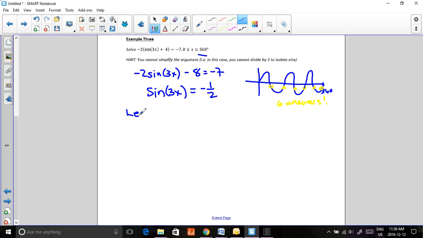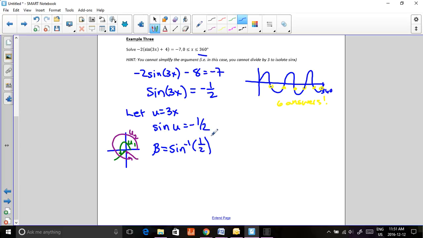Now we let u be equal to 3x. So now we're just solving for sine u equals minus a half. On the Cartesian plane, there are 2 quadrants in which sine is negative: quadrant 3, so there's u1, and quadrant 4, that's u2. Beta, which is what they share in common, is the inverse sine of positive a half.